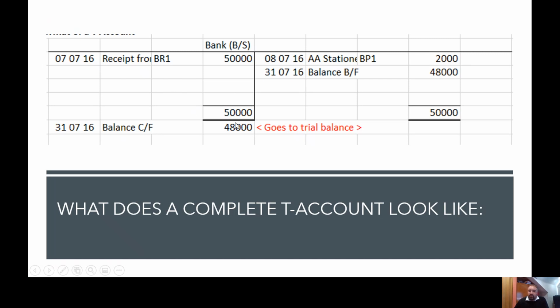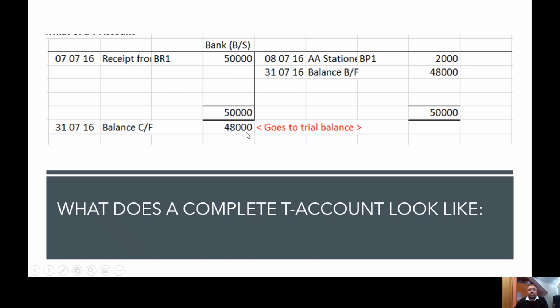The answer is 48,000. So what you'll do is you'll have a transaction there to add 48,000 to the credit side as my balance brought forward, so that my debit side and my credit side total the same values.